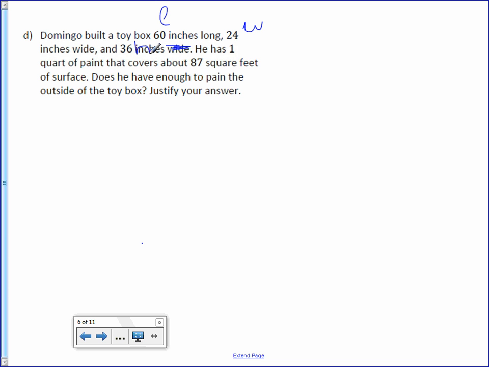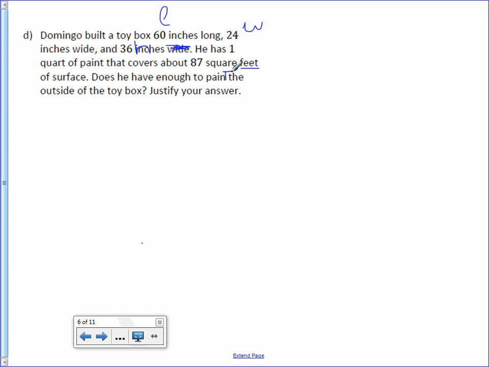He has 1 quart of paint that covers about 87 square feet of surface. Does he have enough to paint the outside of the toy box? Justify your answer. When it says justify your answer, it's another fancy way of saying show all your steps, show all your work. So prove through math that you are correct.